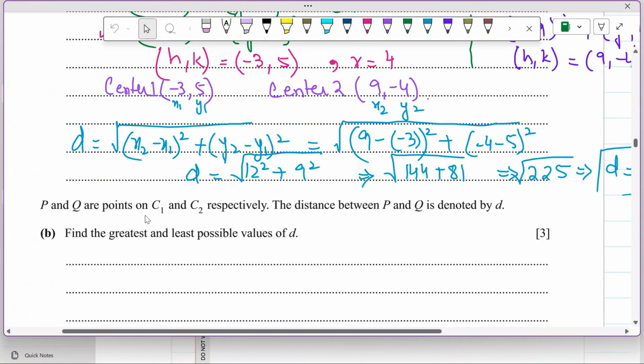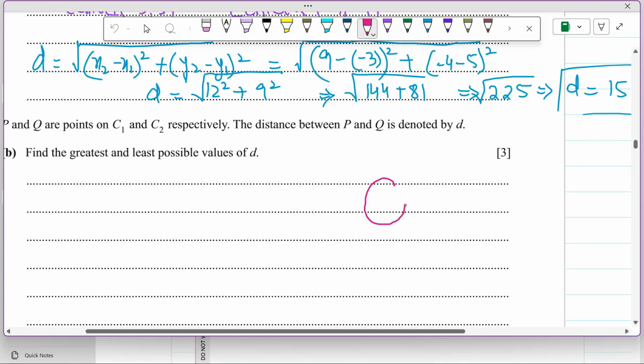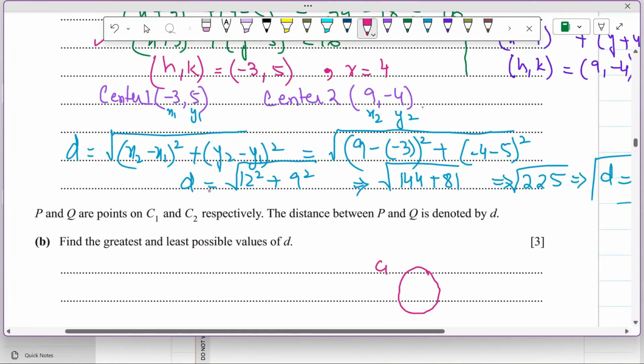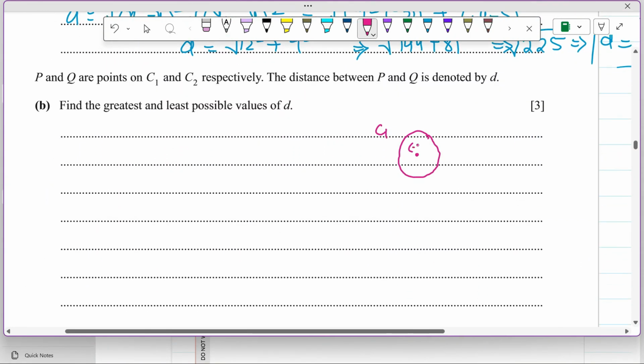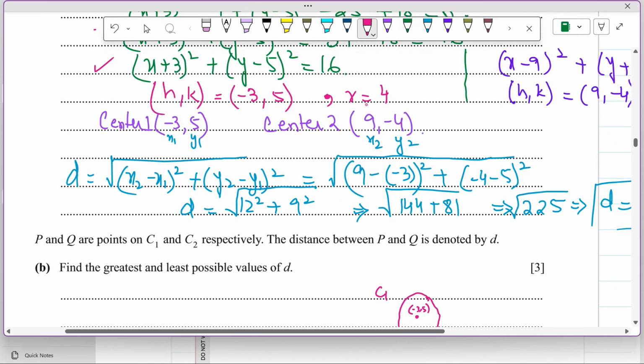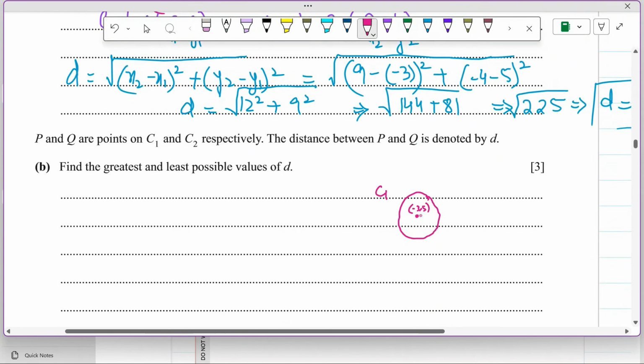P and Q are points on circle 1 and circle 2 respectively. The distance between P and Q is denoted by D. Find the greatest and least possible values of D. We have the two circles. This is C1 with center negative 3 and 5, and the radius of the small circle is 4.